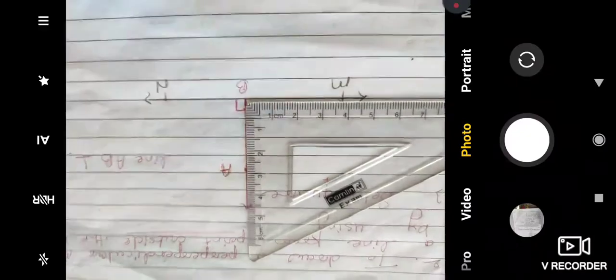One side must be adjusted to the line AB, meaning MN, and another side we have to keep on the point A. Okay, if you see here, I will show you. Then in this way, draw the line which is passing from A and touches line MN. So by using set square, in this way we can draw the perpendicular to the line from the given point above the line.